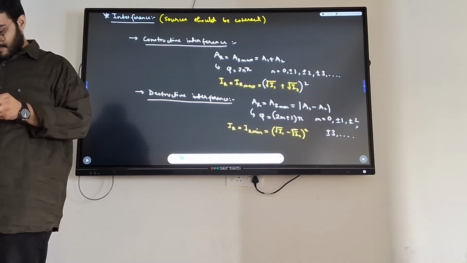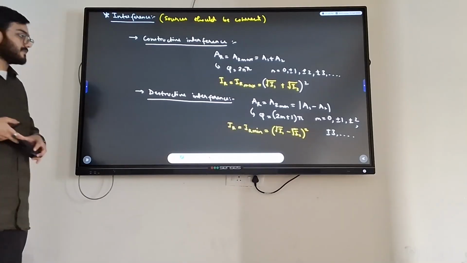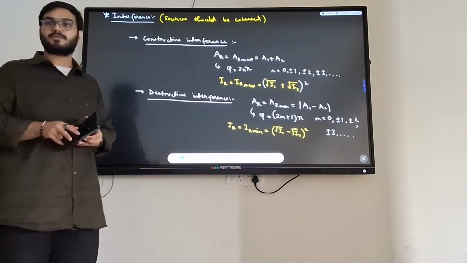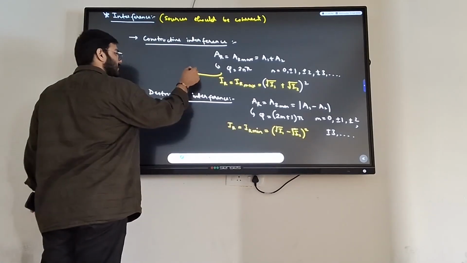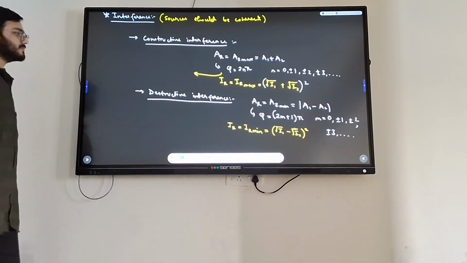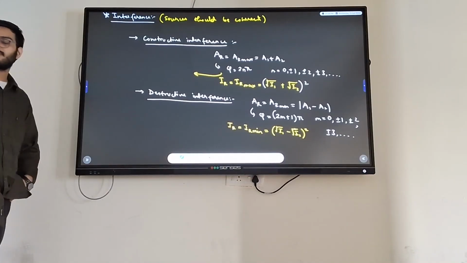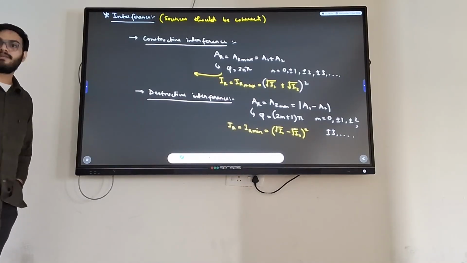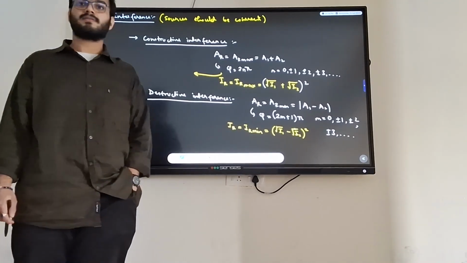We're done with this as well. I should ask equally, if the phase difference is 2n pi, then what should be the path difference? Very simple to find. Because delta phi is 2 pi by lambda delta x, then what?